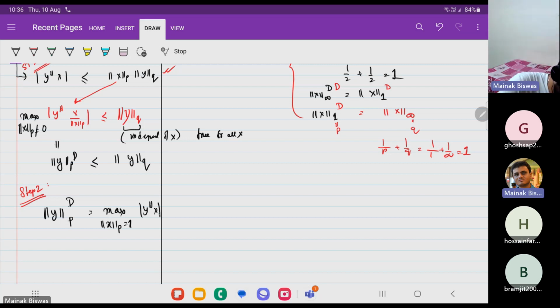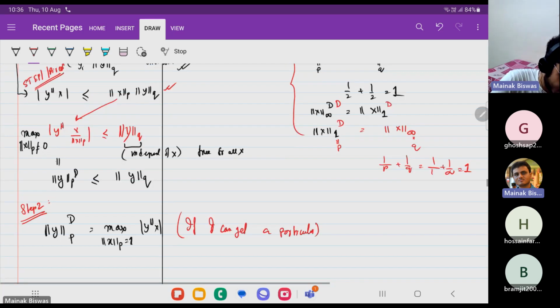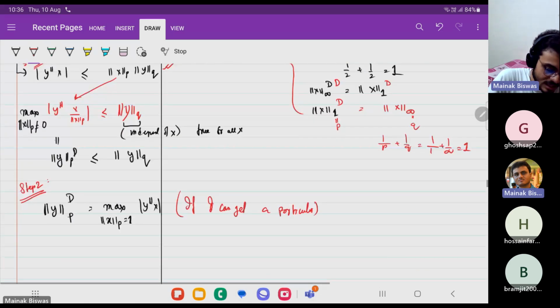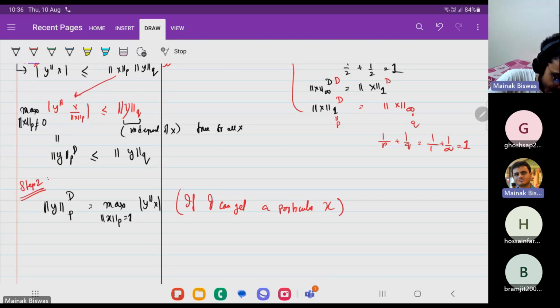So if I can get a particular x, and I have given you the particular x here. Just check. I've given you in terms of q. You can do it in terms of p as well. No problem. If I can get a particular x such that y Hermitian x is equal to ||y||_q, will I be done or not?